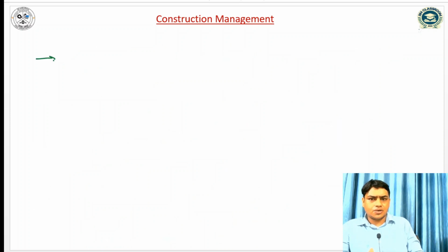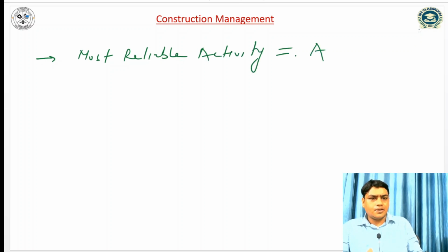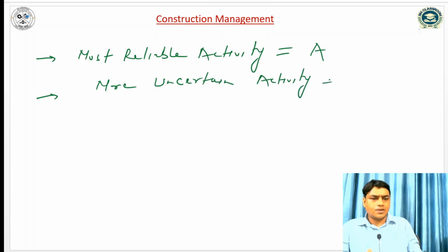So the most reliable activity is A, and the more uncertain activity is B.